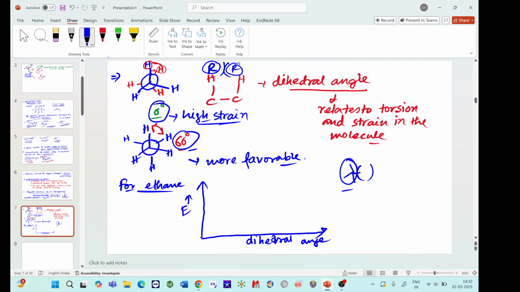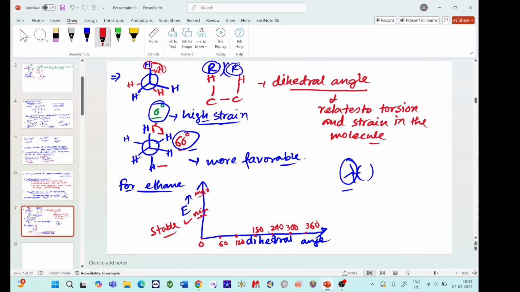You have different angles starting from 0, then 60, 120, 180, 240, 300, all the way up to 360. Then I can virtually set an energy. This is my maximum energy. This is my minimum energy. Minimum energy is for the stable configuration, which is this one.